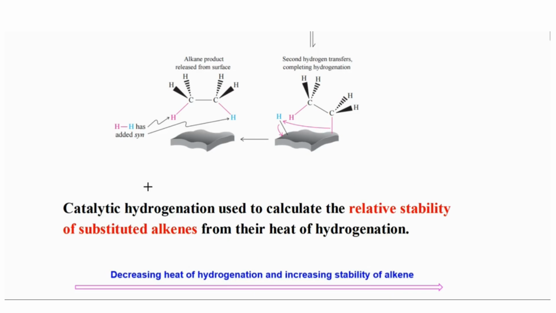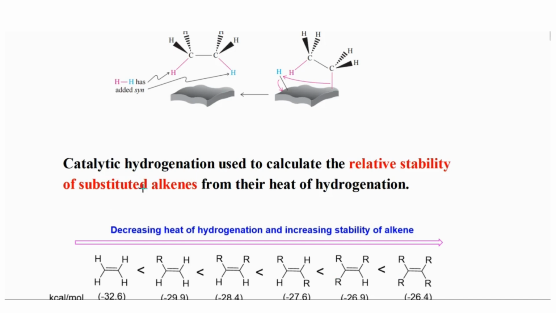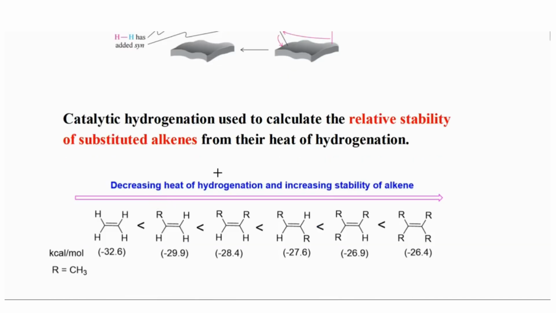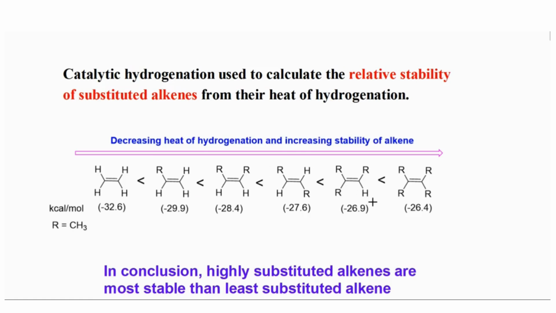Now this catalytic hydrogenation is a very useful method to calculate the relative stability of substituted alkenes from the heat of hydrogenation. Hydrogenation reactions are exothermic reactions, so they liberate heat. For example, here we took different substituted alkenes. What is the meaning of a substituted alkene?